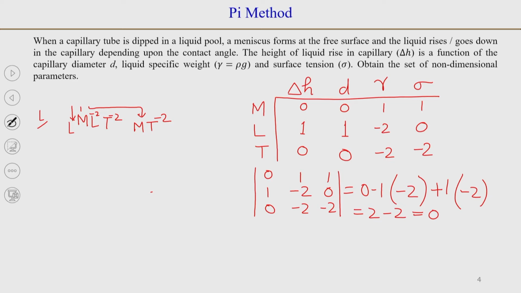So, let us check the next smaller matrix, which is minus 2 0, minus 2 minus 2. If its determinant is non-zero, then the rank will be 2. So, 4 minus 0 is equal to 4, which is non-zero. So, the rank of this matrix is equal to 2.